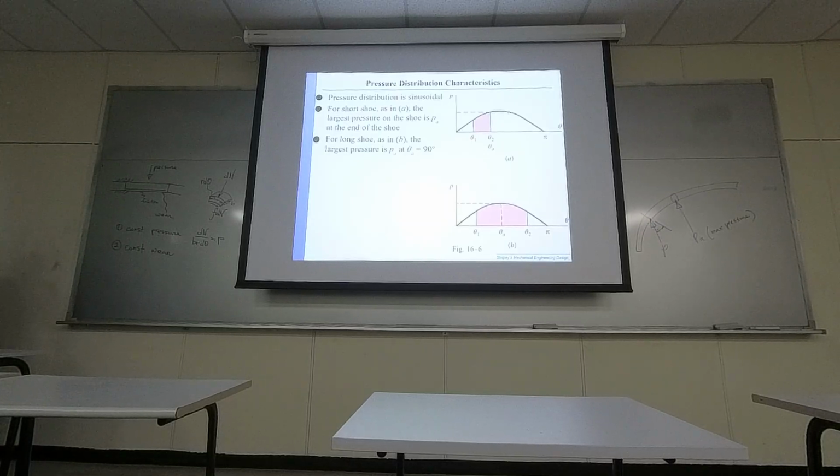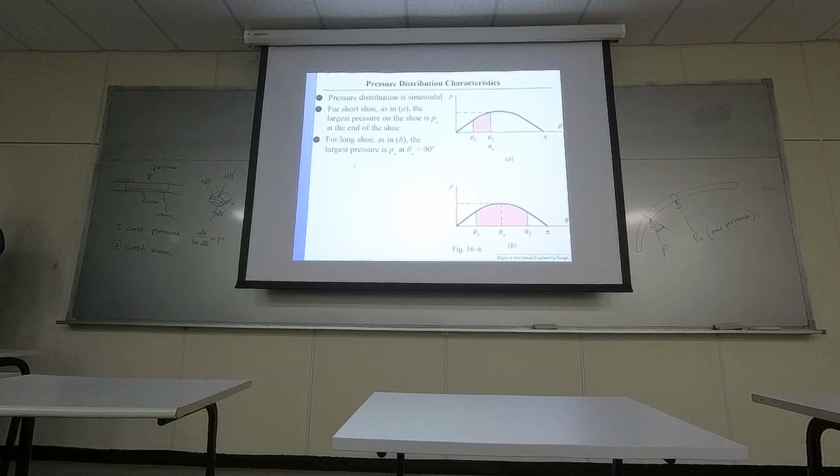So over here, if you have a short material, like the upper case, the range of the angle doesn't cover the largest, the 90 degrees, then overall, among this area, the pressure is never the largest.